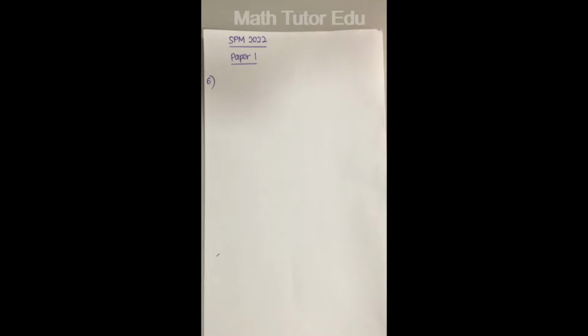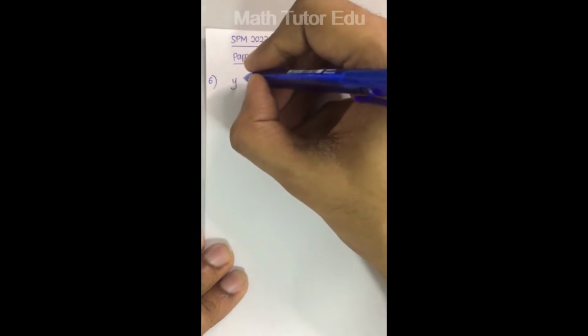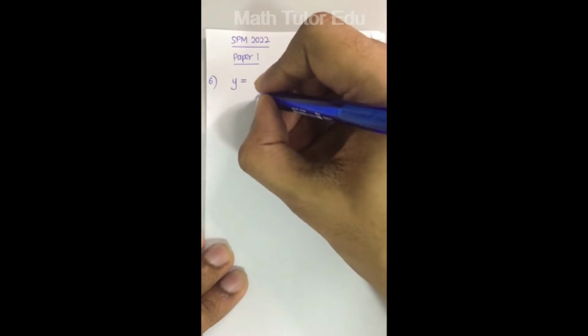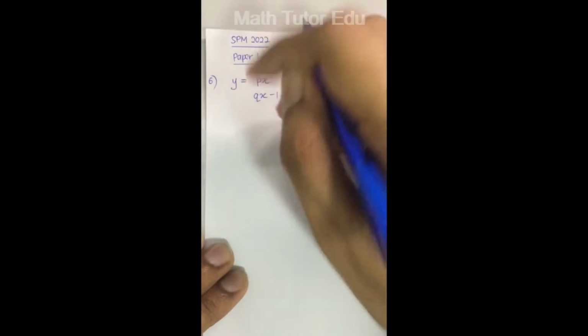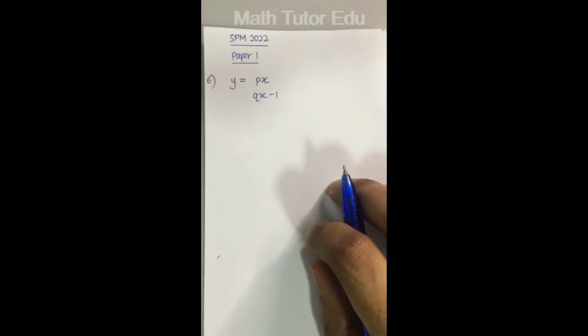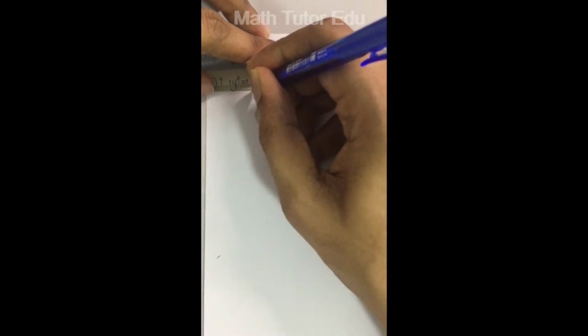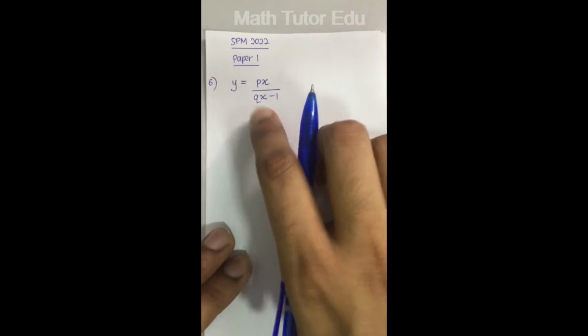Okay, to solve this question, the first step is we need to convert the non-linear function to linear form. So from here, given the equation y equals px divided by qx minus 1. Let me underline the fraction. And not to forget, let me write the steps over here.